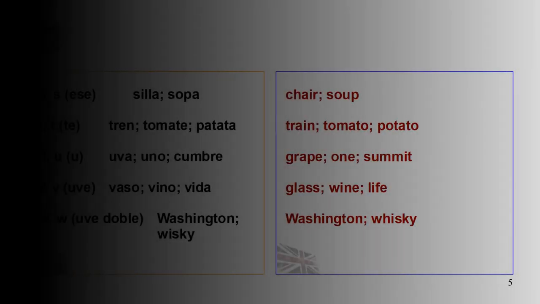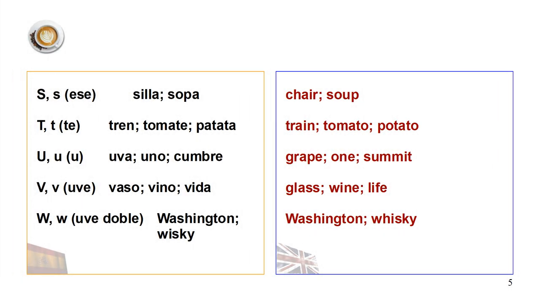S, as in silla, chair, sopa, soup. T, as in tren, which means train, tomate, which means tomato, and patata, which means potato.